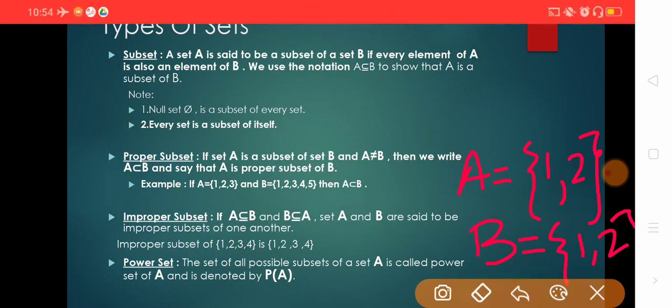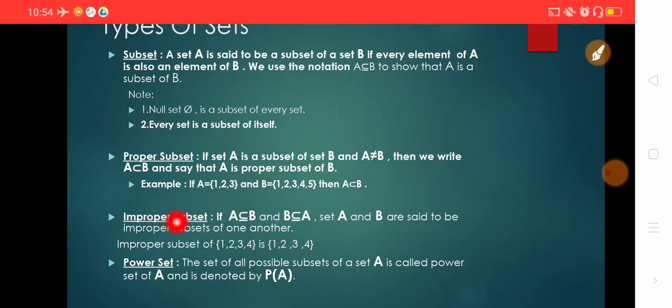Now just check it out. All the elements of set A are present in set B, plus there is no extra element in B. All the elements of set A are present in set B, and set A equals set B. Now in this condition, A is an improper subset of B and B is an improper subset of A. If A is a subset of B and B is also a subset of A, then A and B are said to be improper subsets of one another.